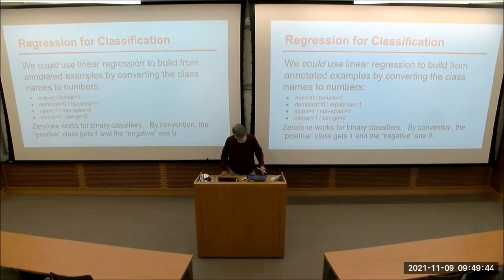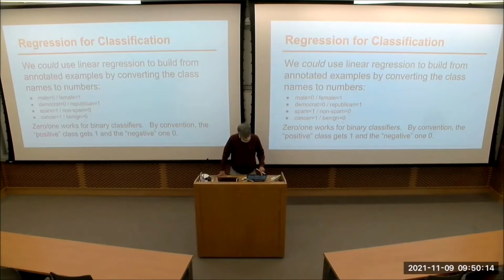Typically, we have one class labeled 0 and one class labeled 1. In classification, the bread and butter problem is a case where you're classifying among two classes. Sometimes we will talk about multi-class classification later in the lecture. But let's think about just binary classifiers where there's two classes.